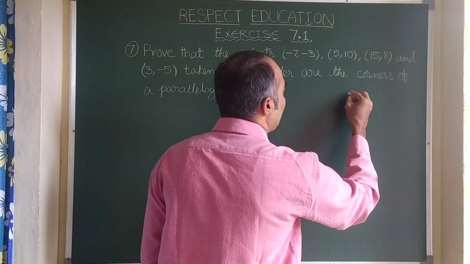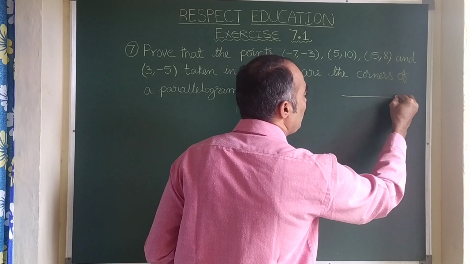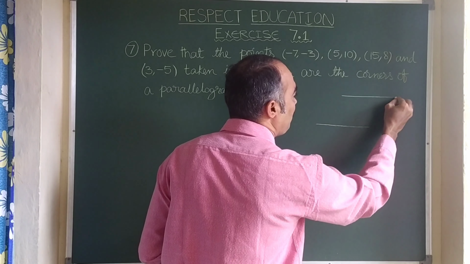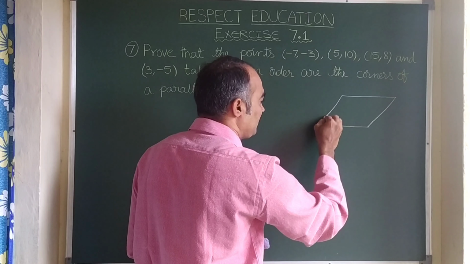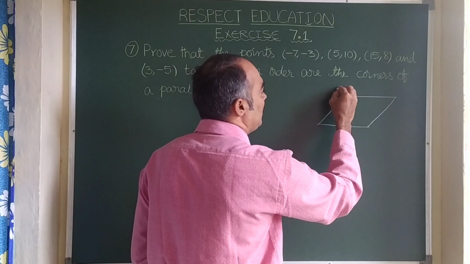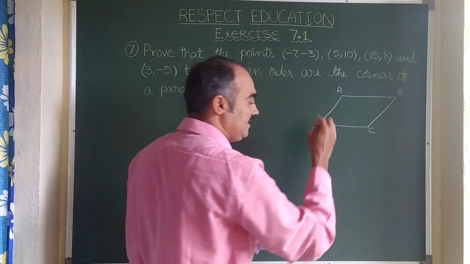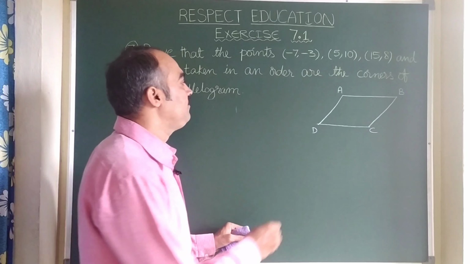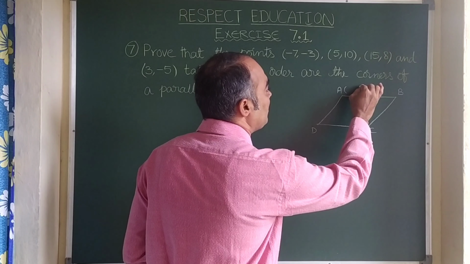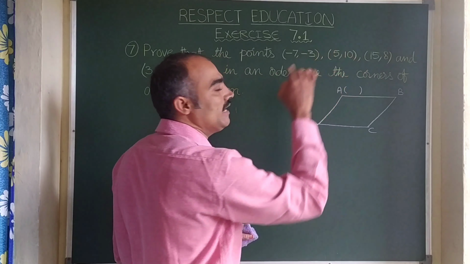Here we are going to prove A, B, C, D form a parallelogram. This is the shape of a parallelogram, with A, B, C and D. Here you need to understand, we have to take the given points in an order.